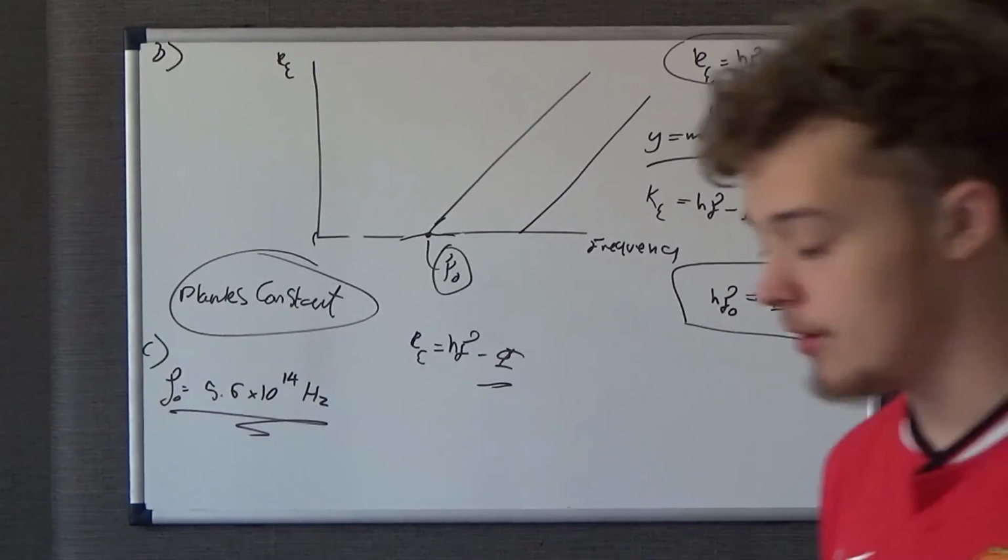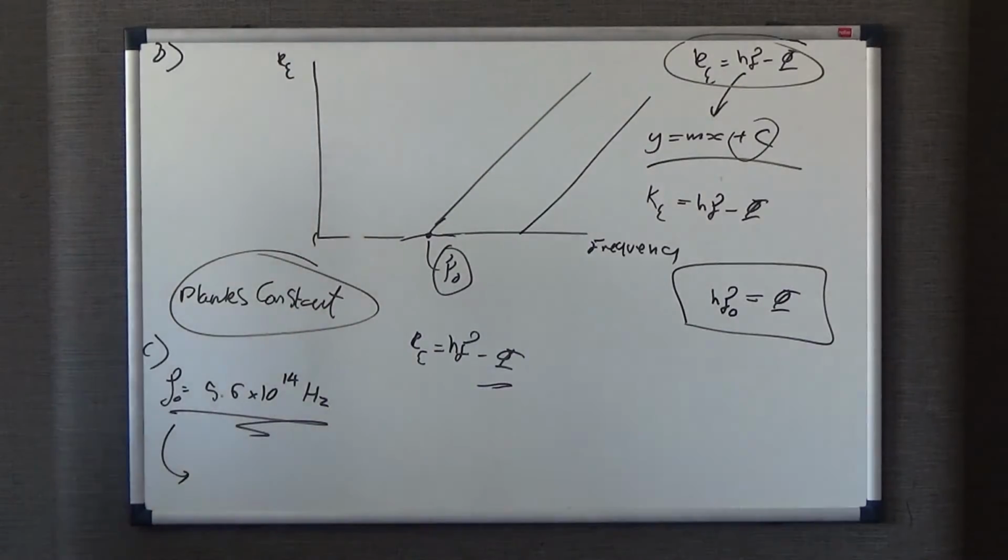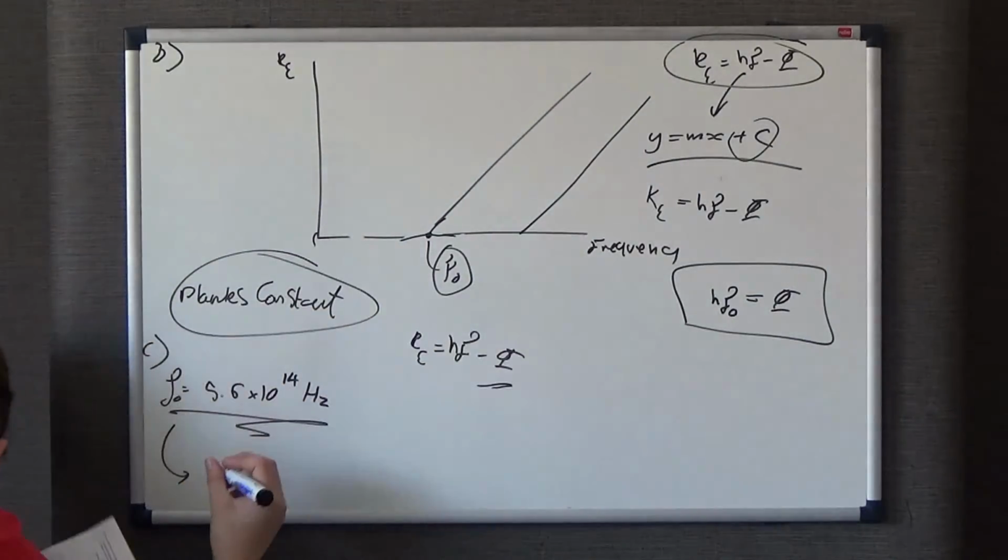So h times f naught is the work function, and obviously h is given in your formula sheet anyway.